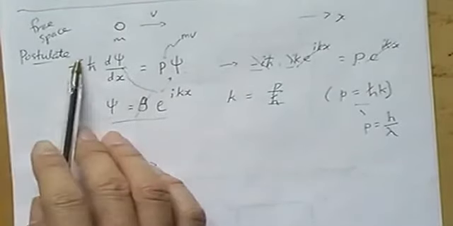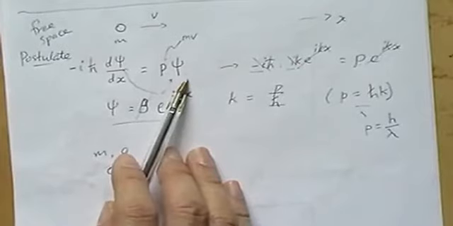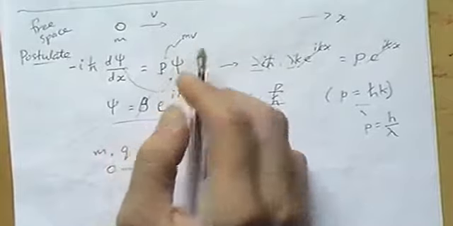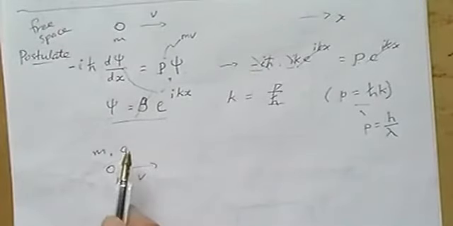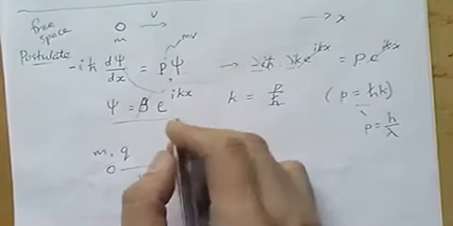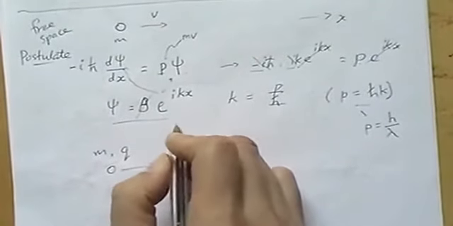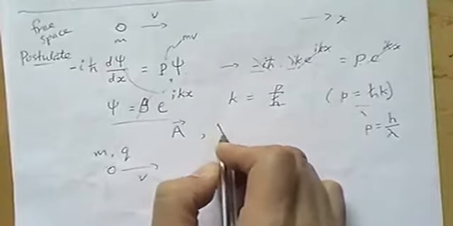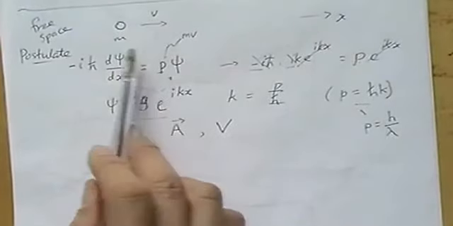But for our purpose, let's just think about this as a postulate, as an assumption that works, in which the d by dx is related to momentum. So in the case where the particle has a charge and is in an electromagnetic field with vector potential A and an electric potential V, let's look at how this postulate, how this equation would change.